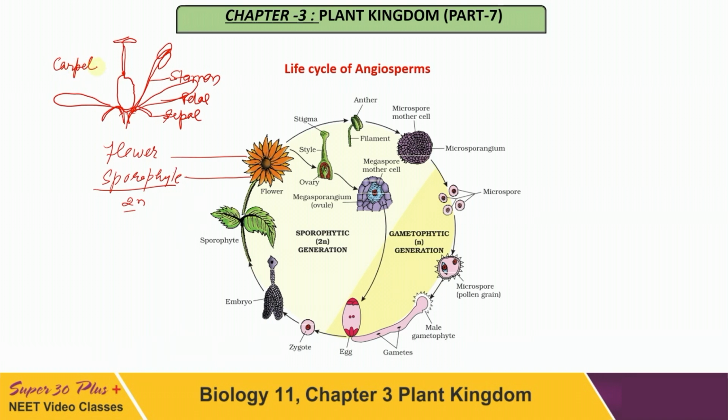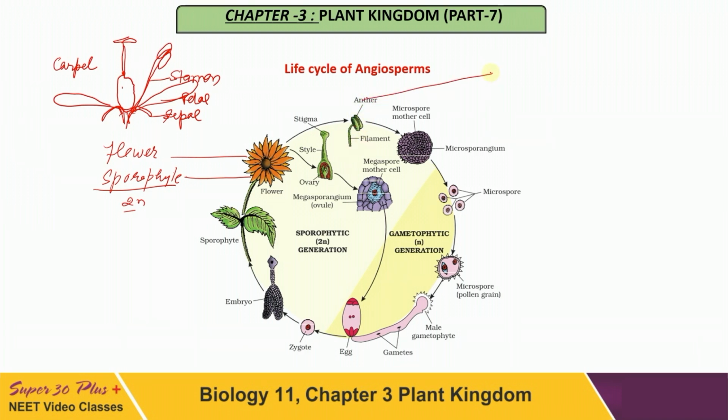We are concerned now with the life cycle of angiosperms. So we have to say that these are the female reproductive parts, and the stamen is the male reproductive part. You see here, this is the male reproductive part, this is the filament, and this one is the anther.